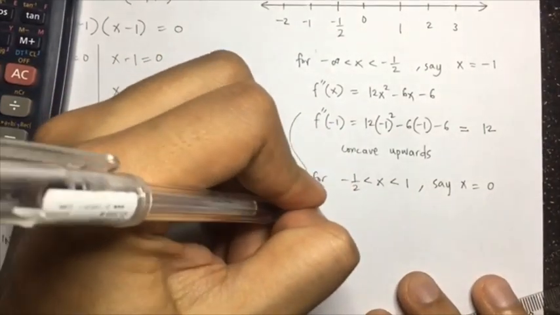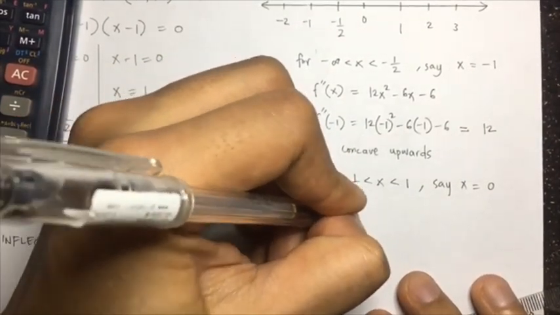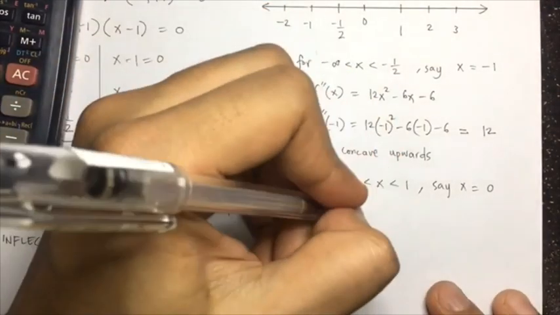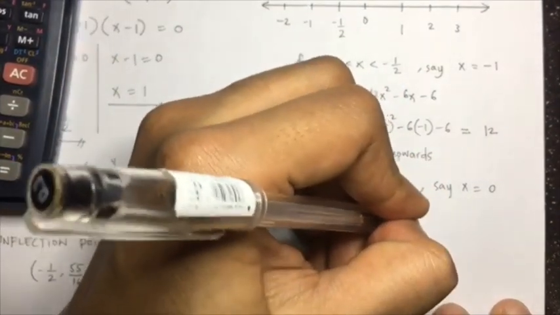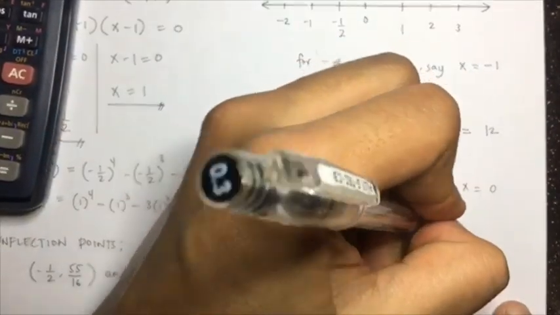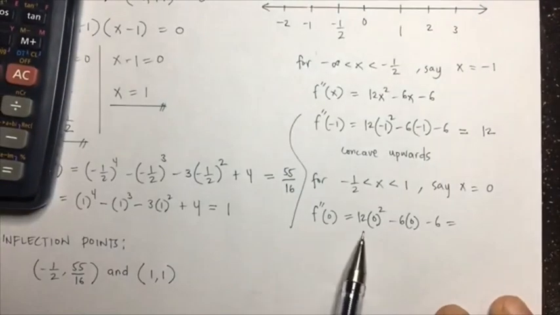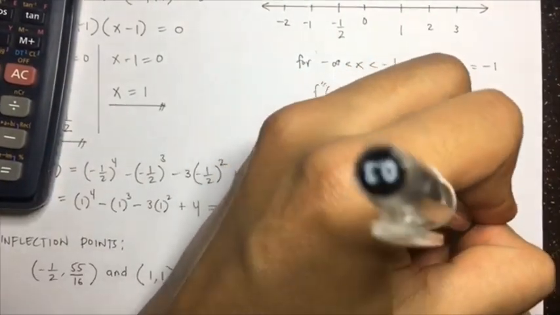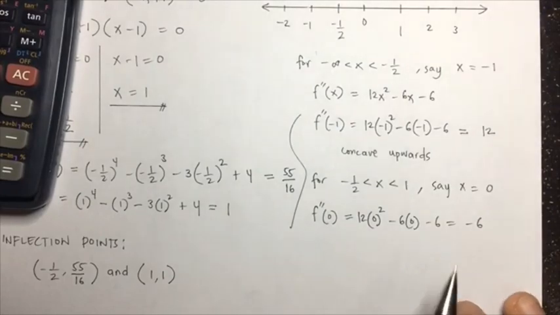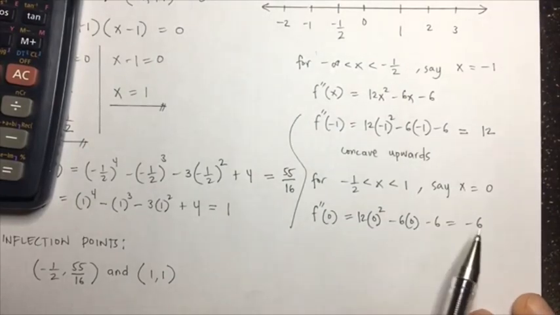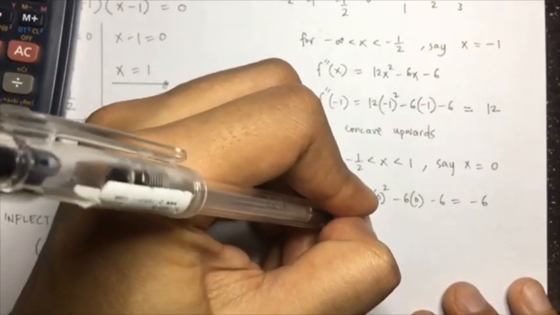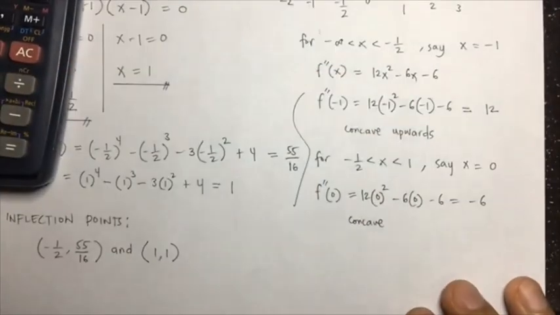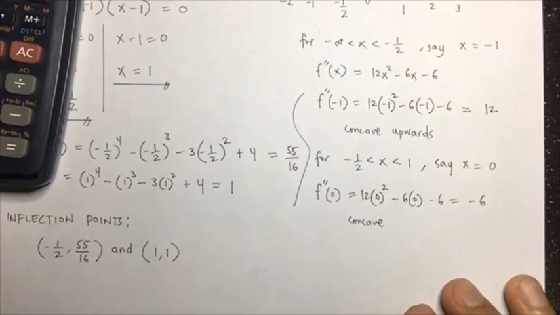So f double prime of 0 is equal to, substituting in our second derivative, 12 times 0 squared minus 6 times 0, minus 6. So we have 0, 0, so negative 6. So since our second derivative is less than 0, therefore for this interval, this is concave downwards.